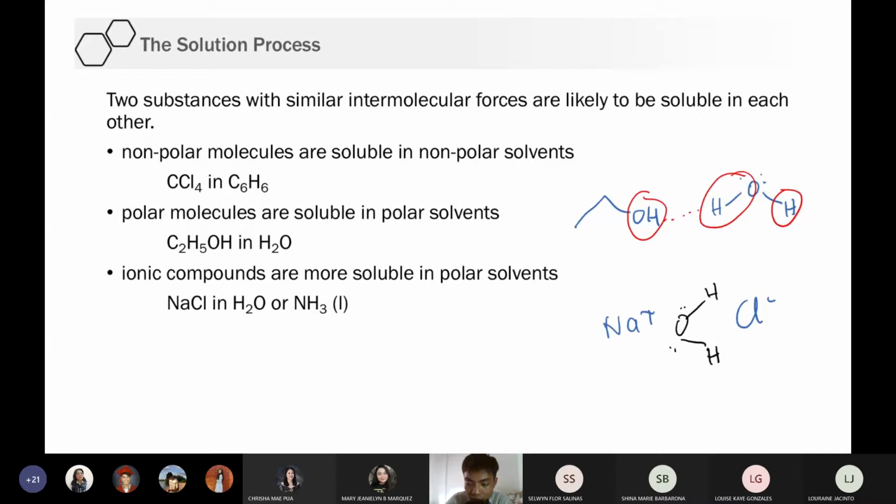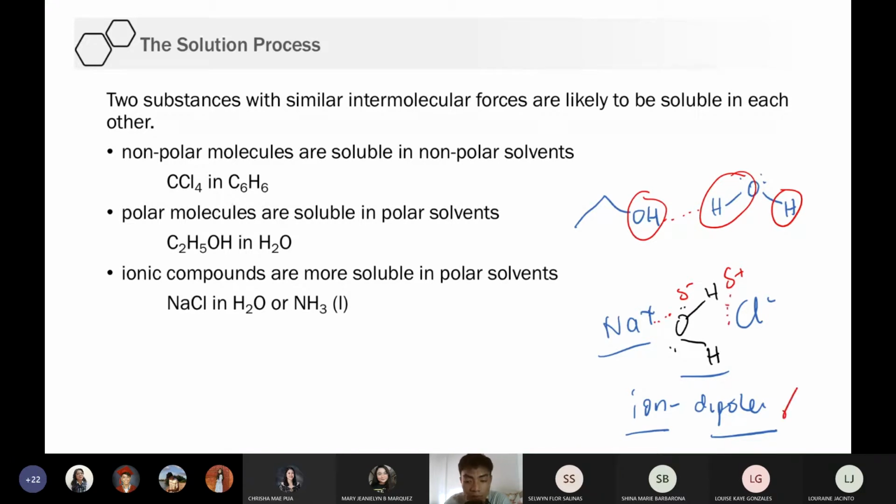Ion dipole interaction, yan. So, ion dipole. Okay? So, ito yung ion, ito yung dipole. Ion dipole interaction. Paano naging possible yan? Because of the partial charges. No? Okay? So, yung positive attracted sa partial negative, yung negative attracted sa partial positive.